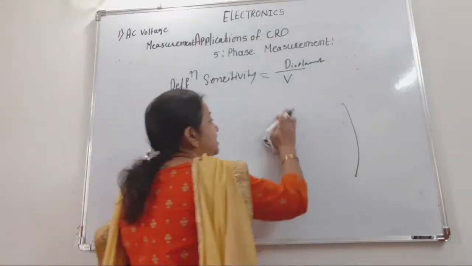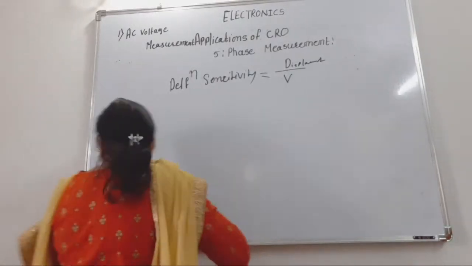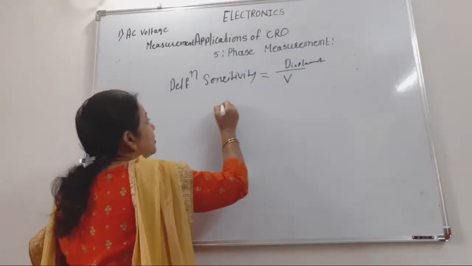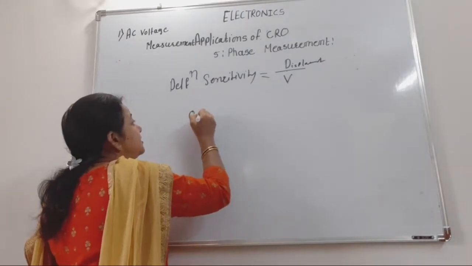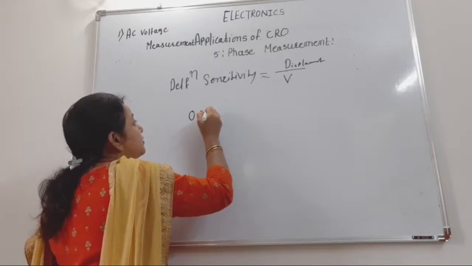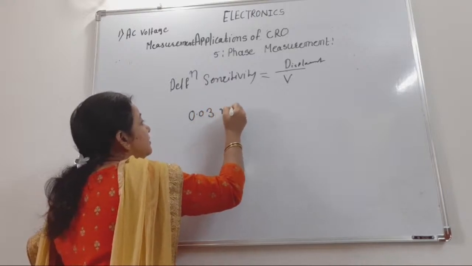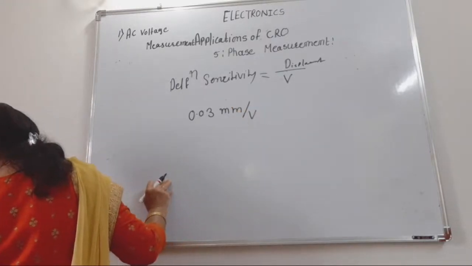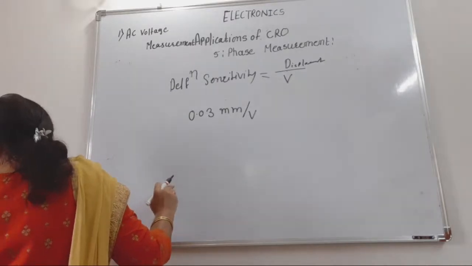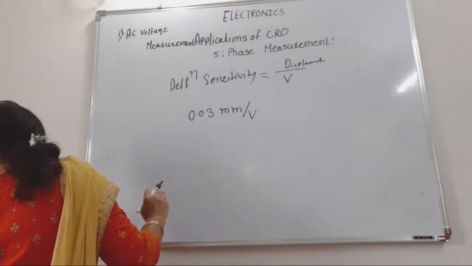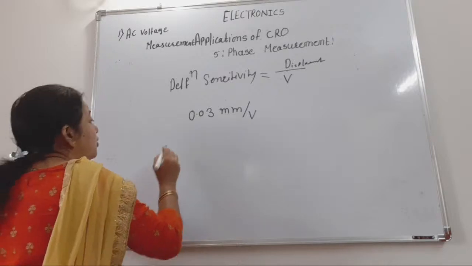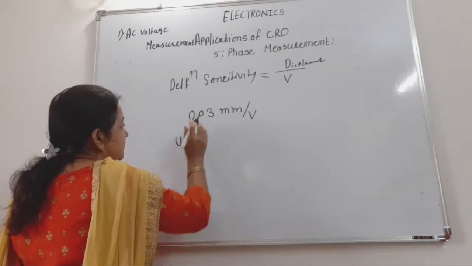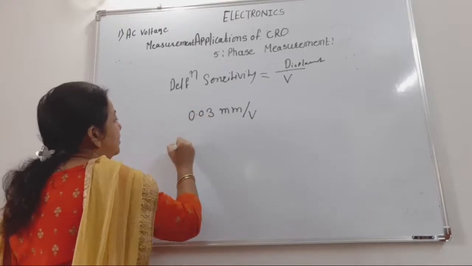Deflection sensitivity in our example is given as 0.03 millimeter per volt. Now they say an unknown voltage is applied. You have to calculate that unknown voltage, the applied voltage.